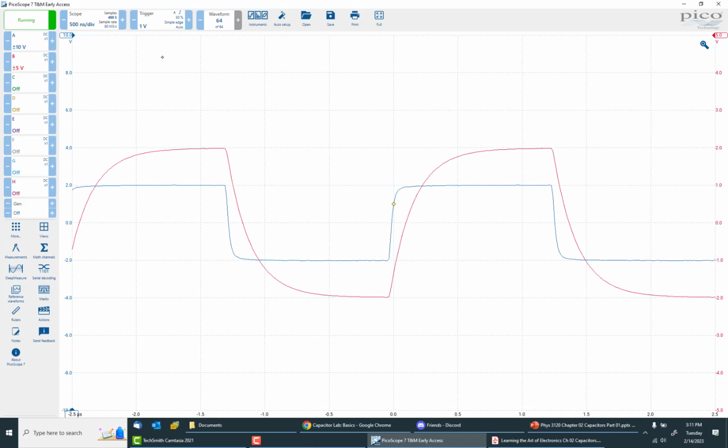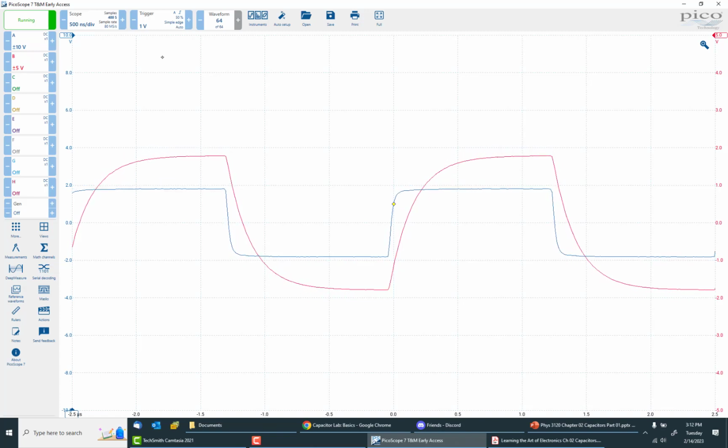Now, we want to see about measuring the time constant. You can either use the variable voltage on the oscilloscope, or you have an amplitude knob on your function generator, so you can also change that.